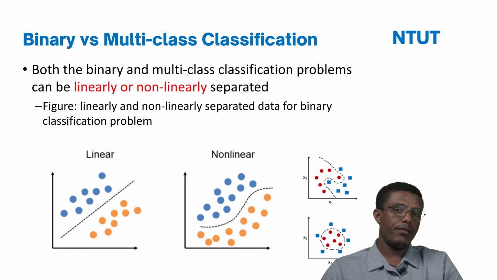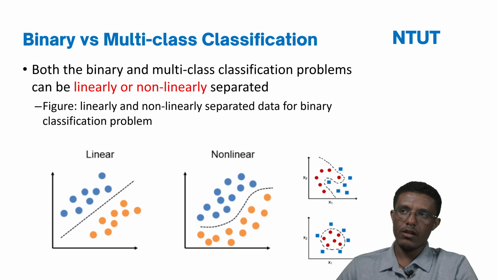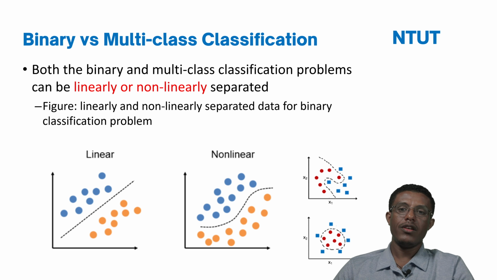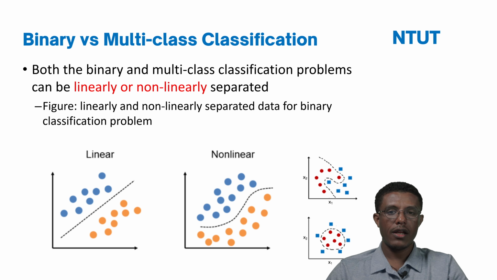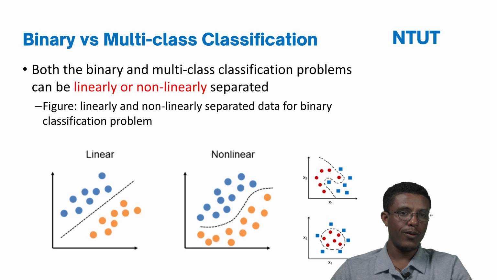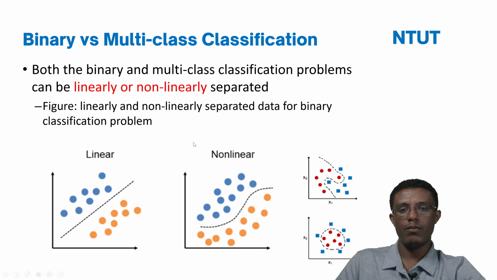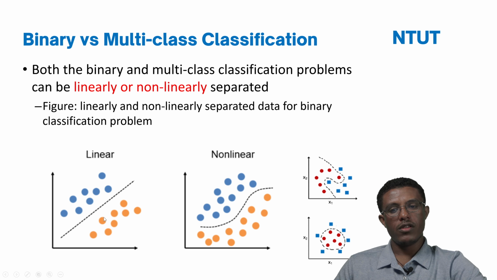The other concept in classification, both in binary and multi-class classification, is linear and non-linear separation. Depending on our data nature, the classification may be either linearly or non-linearly separated. As shown in the figure, these are linearly and non-linearly separated data for binary classification problems. This one is, for example, a binary one, and in this case it is linear.